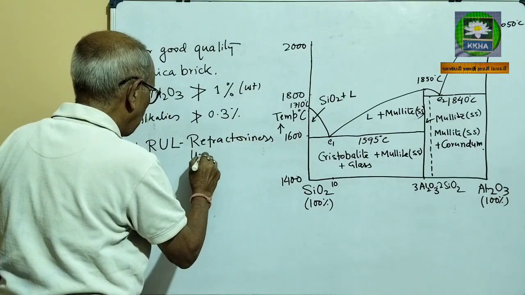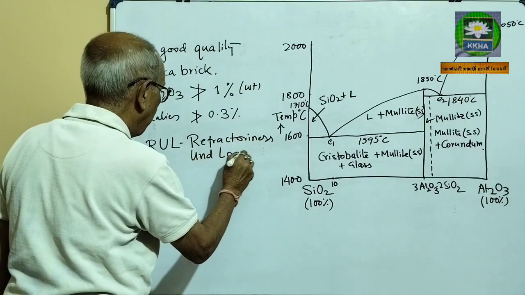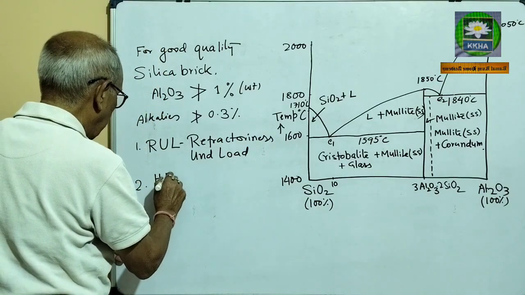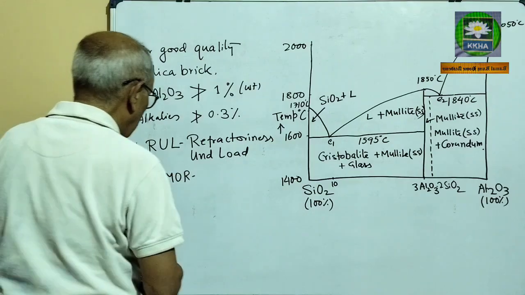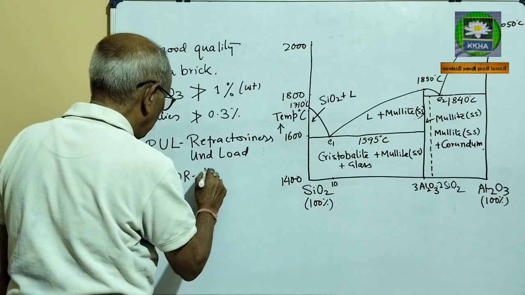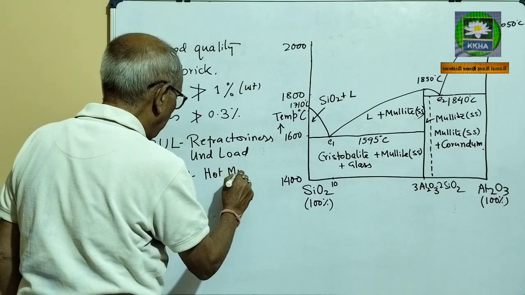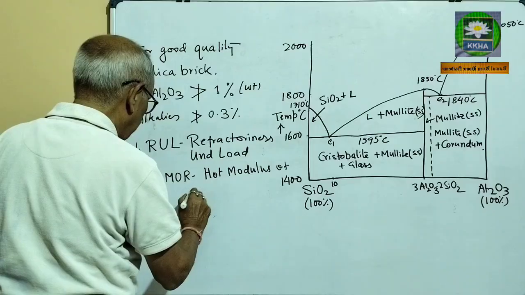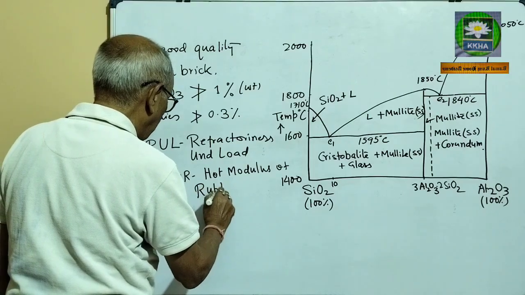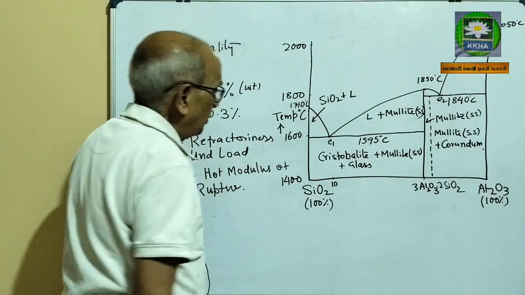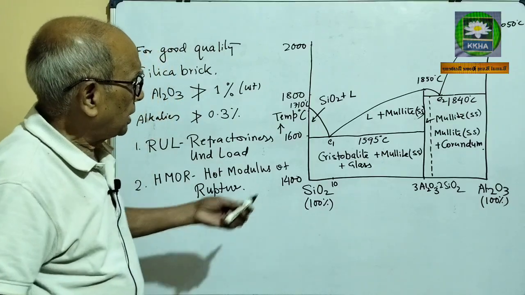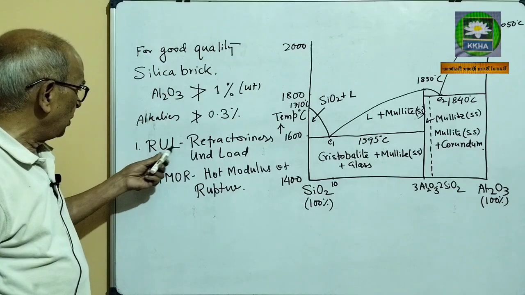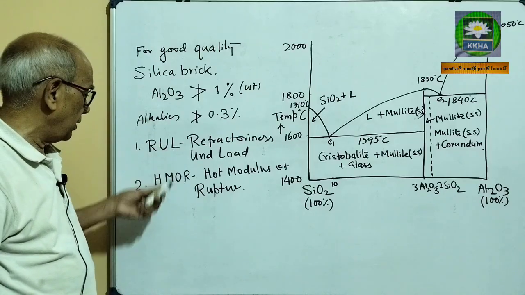And second parameter is HMOR, hot modulus of rupture. So, hot load bearing capacity of refractory is indicated in terms of RUL value or HMOR value.